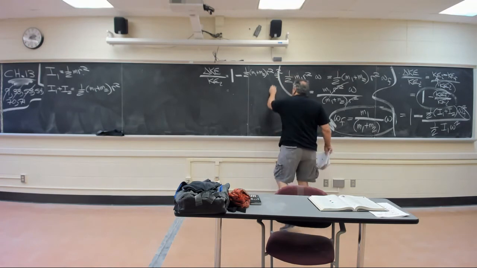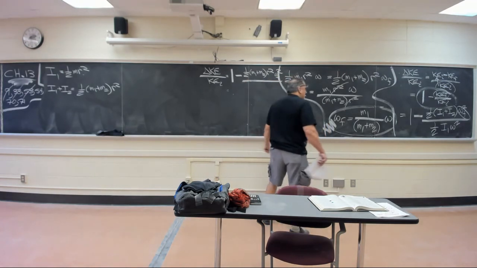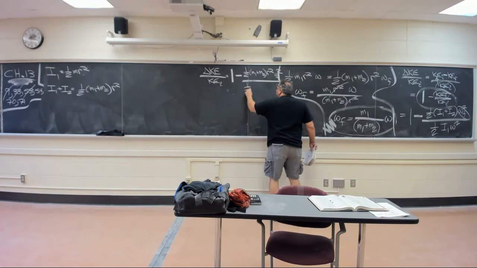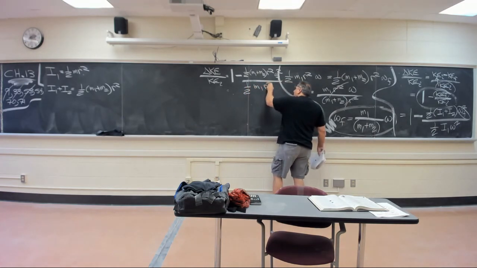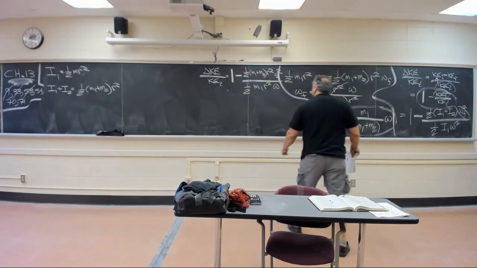Don't forget that. The other one is 1/2 m1 r squared omega.